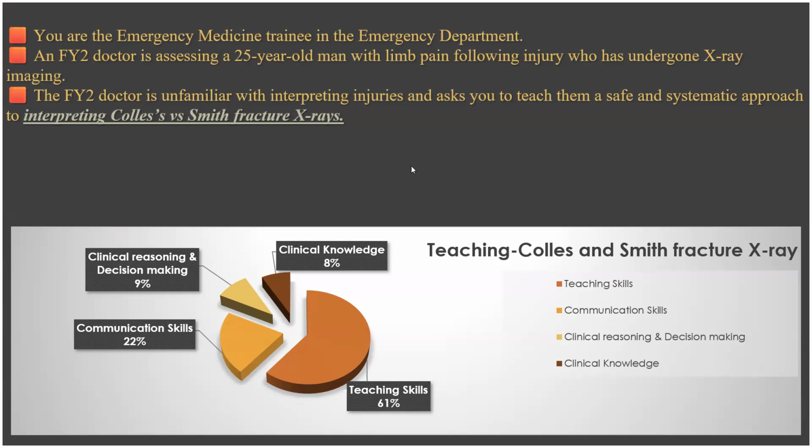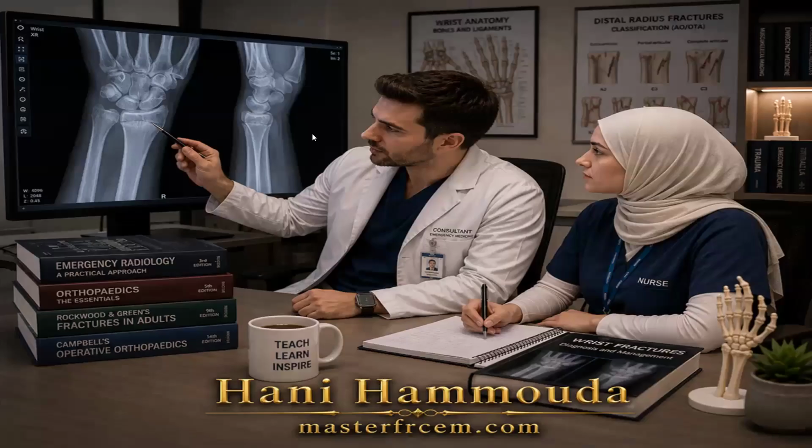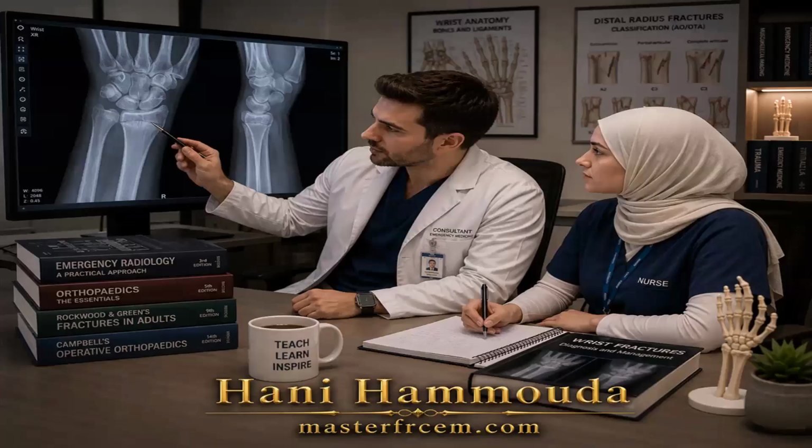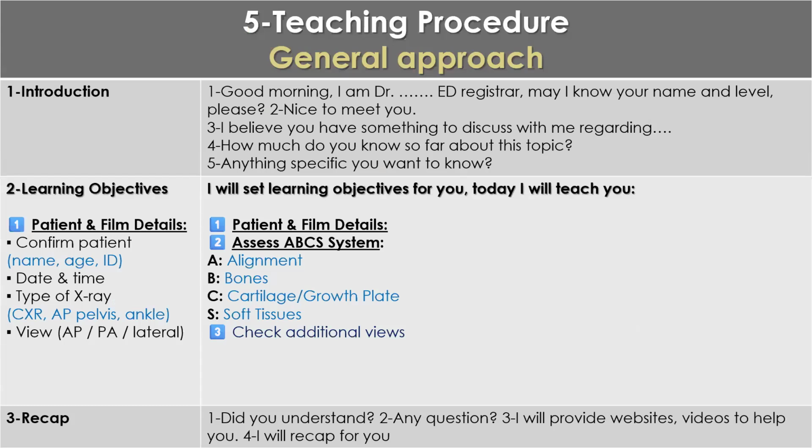Here, wrist fractures. It can come in the exam, so the most important are Colles and Smith. You will follow the same general approach: introduction, patient and film details, which means accuracy.